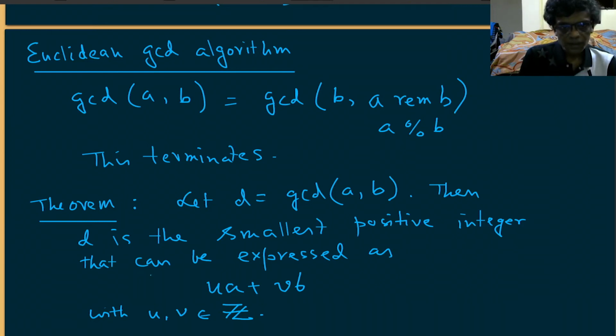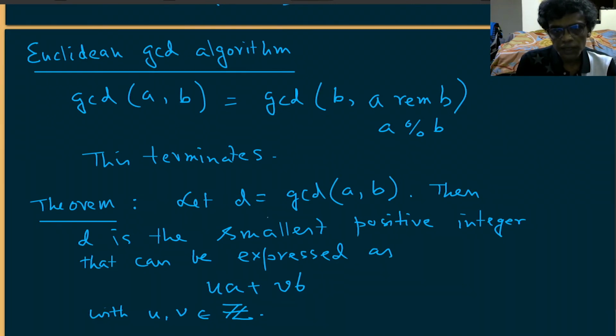Why? We have spent quite some time on this U and V part, and we have proved constructively, that is using a couple of explicit algorithms, that this U and V exist. So definitely D can be expressed as UA plus VB.